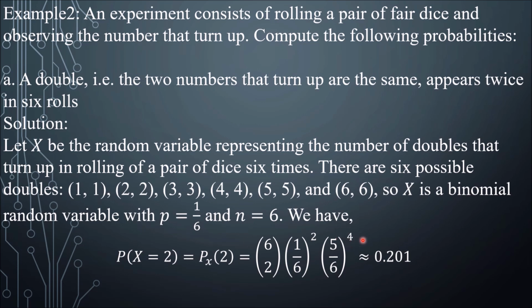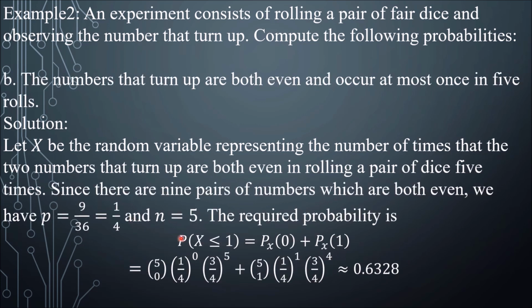Computing this, we have 0.201. So the probability of getting a double which appears twice in 6 rolls is 0.201.